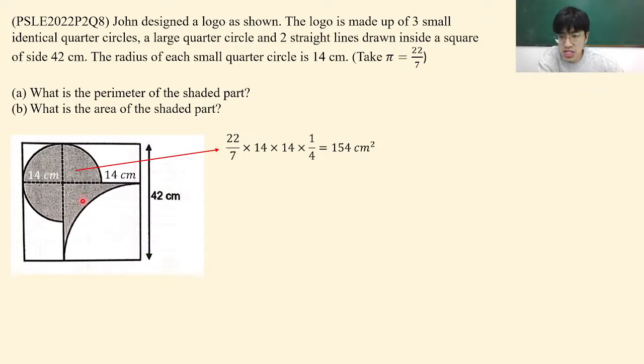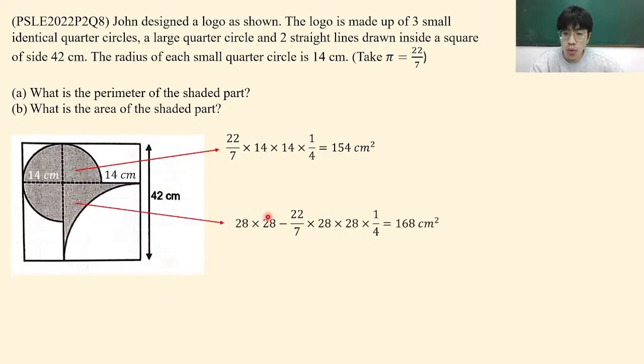So in order to get this shaded part over here, we can take the area of this square, take away the area of this big quarter circle. Then we'll be able to get the remaining, which is this weird looking shape that we're trying to find over here.